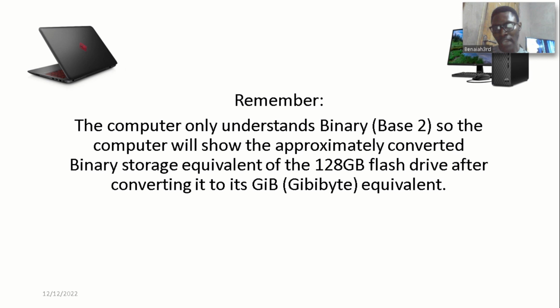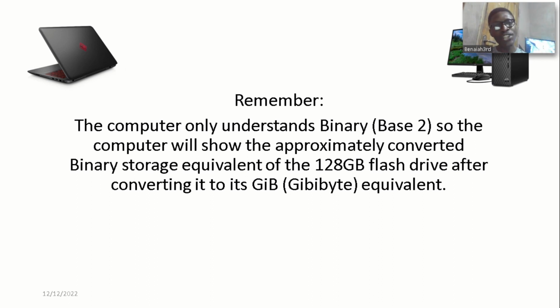Remember, the computer only understands binary, which is base 2. So when you plug it in, the computer will show the approximately converted binary storage equivalent of the 128 gigabytes flash drive, which means that the computer will convert 128 gigabytes to its gibibyte equivalent. The computer does not understand gigabytes.